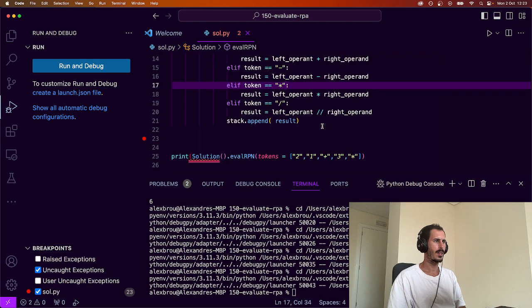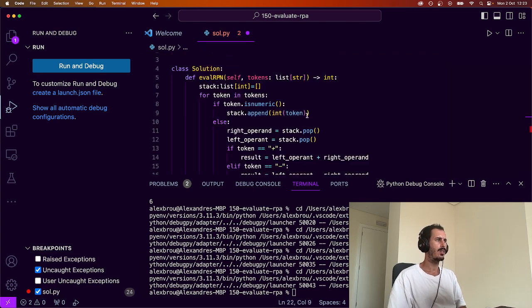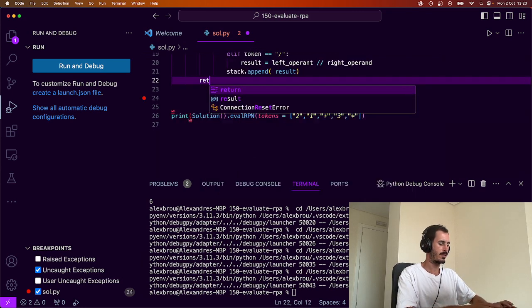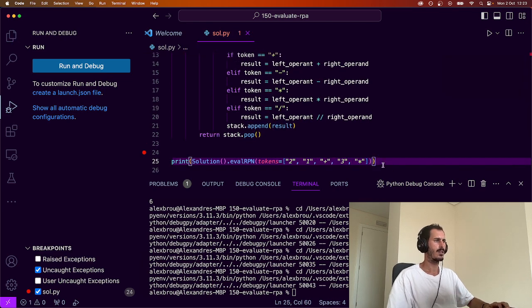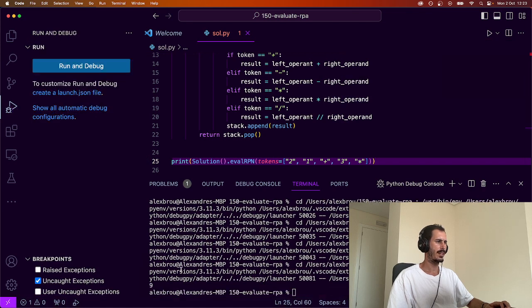So we do that stack.append result all the way, and then we return stack.pop. We should end with just one value in the stack which is the result that we're looking for. Okay, so let's just run this and see what we get. We get 9.